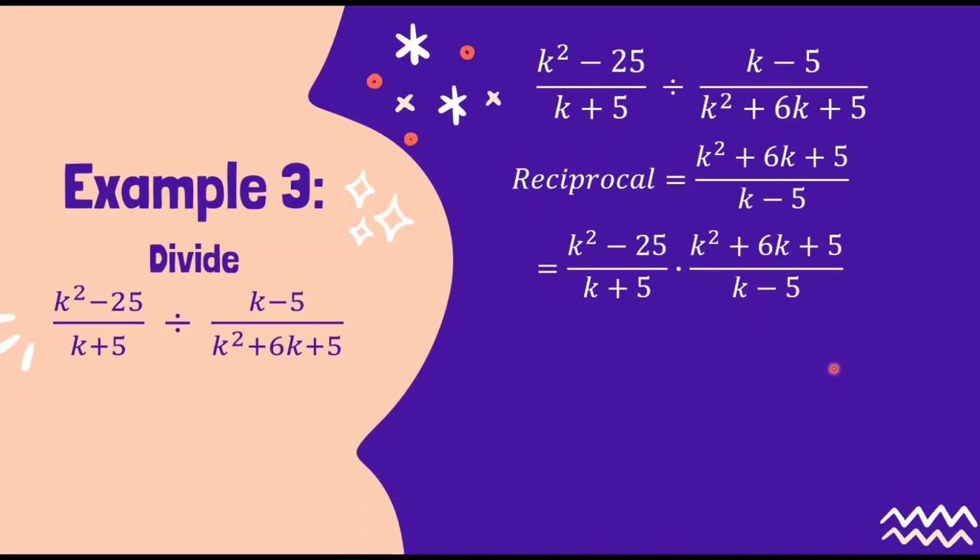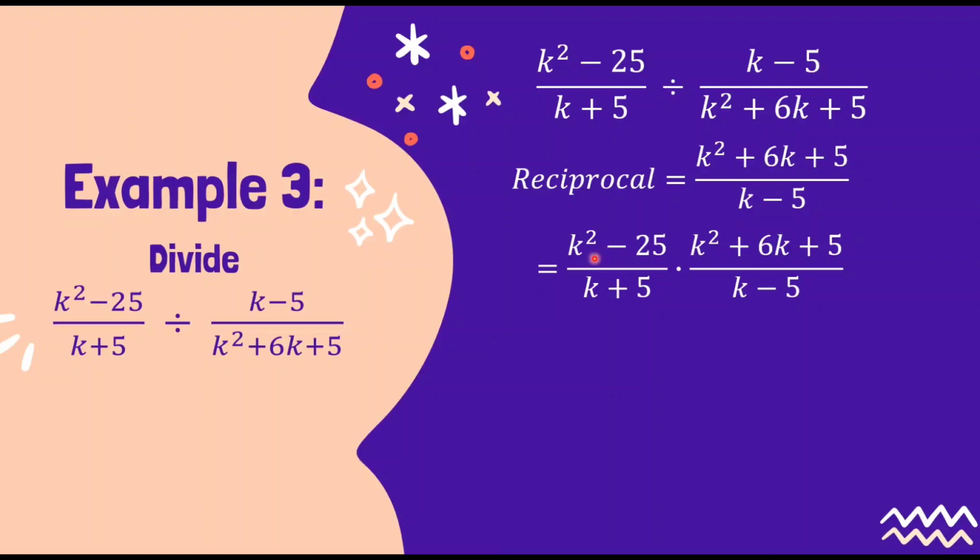Okay, now, so since our operation now is multiplication, before we proceed in multiplying our numerators and denominators, let us find out the factors of our numerators. So let us start with k squared minus 25. So what have you noticed on our k squared minus 25? Okay, that is correct.